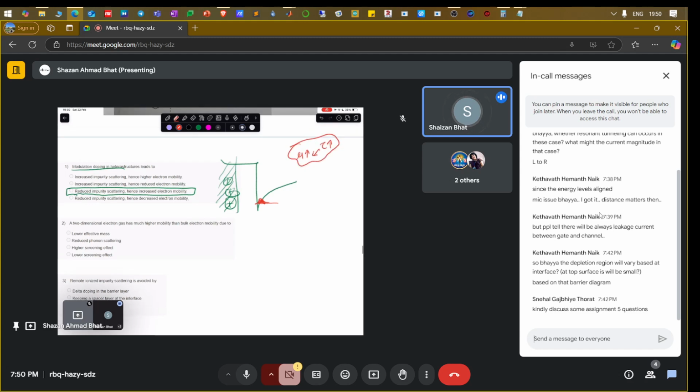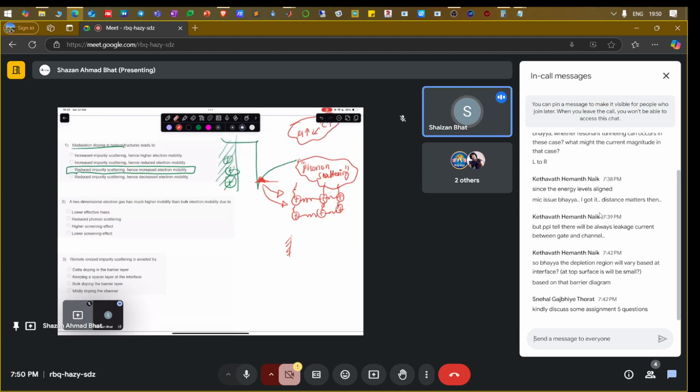Another scattering which I didn't talk about is phonon scattering, but this is a very deep topic, an entire research field in itself. Phonon scattering is about the atoms present here. These are like springs connected to each other, like an oscillator model, just like you had in 11th or 12th class.